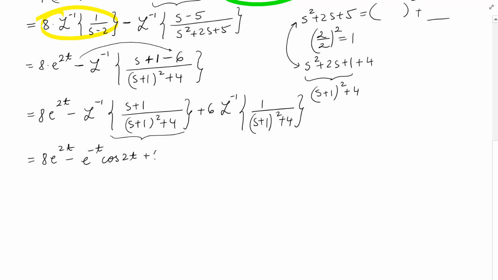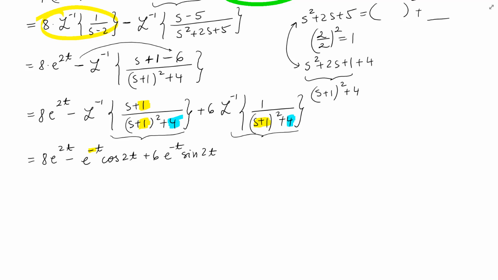And for this part, that is e to the negative t sine of 2t. Where do I get the negative t? Because from s plus 1, a is negative 1. And then b squared is 4, so b must be 2.